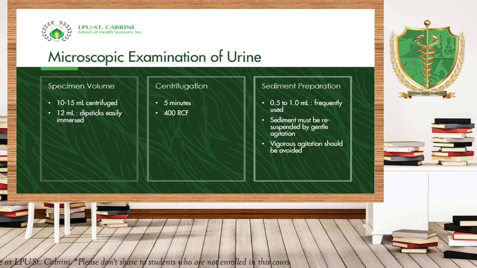What is present in the supernatant are the soluble substances, which were already tested using our chemical examination of the urine. Therefore, 0.5 to 1 ml is the frequently used amount of urine for the sediment preparation. Okay?